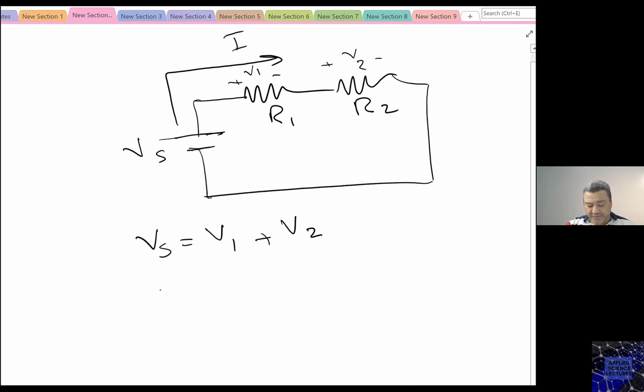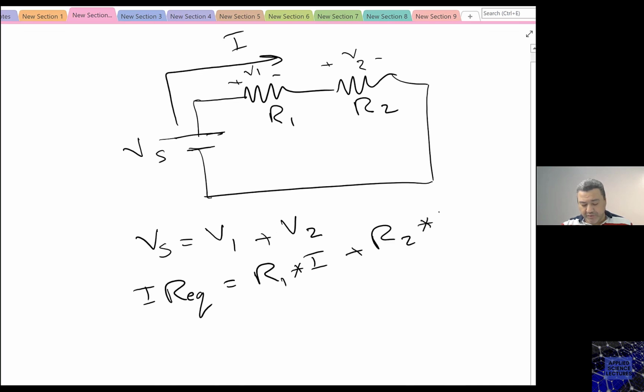Vs is I times R equivalent. However, V1 would be R1 times I, and V2 would be R2 times I as well.